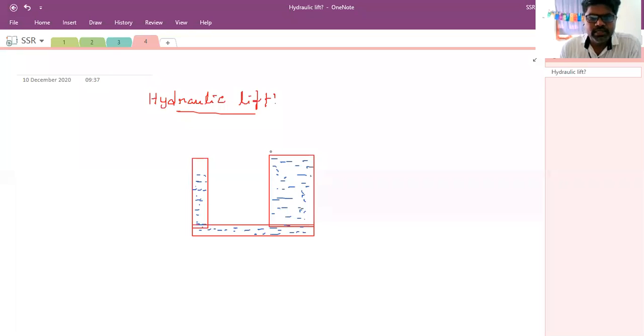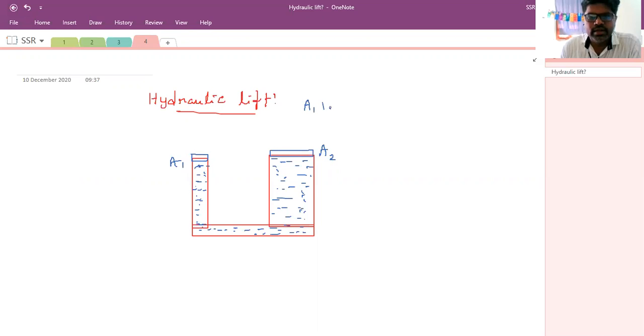Here there is a piston connected to the liquid, and here another piston connected to the liquid. Let us say this area of cross section is A1 and this area of cross section is A2. So A1 is less than A2.